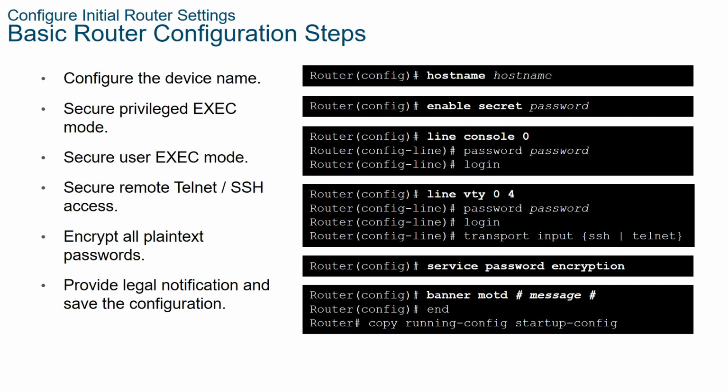Again, we have to give it a password, so we use the password command followed by a strong password. Then we use login to activate the local login. That's followed by the command transport input, followed by either SSH or telnet or both if you wish to enable secure login for SSH and telnet.